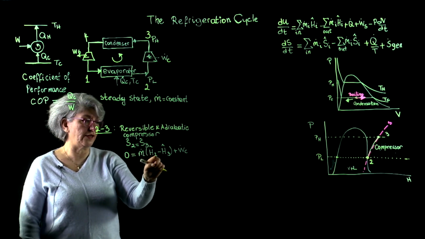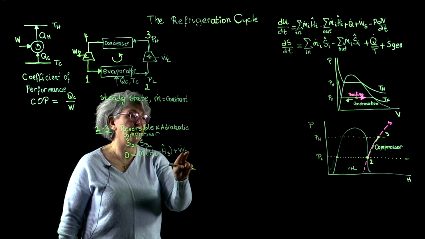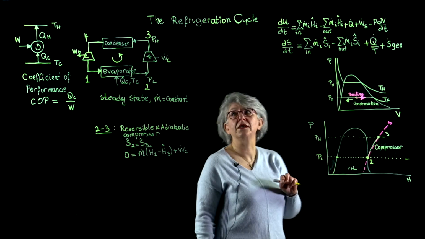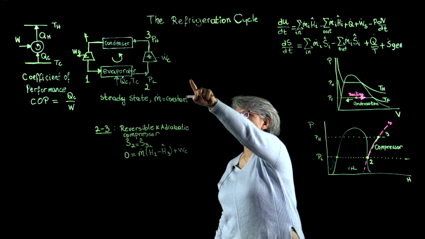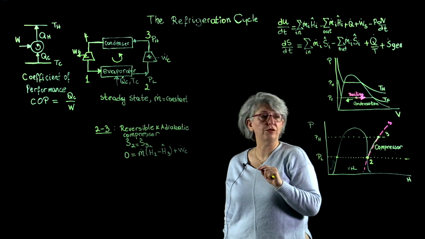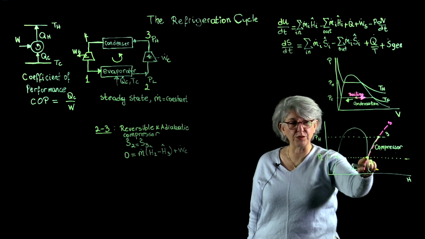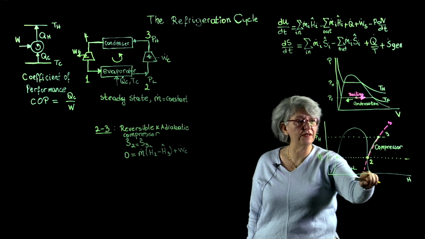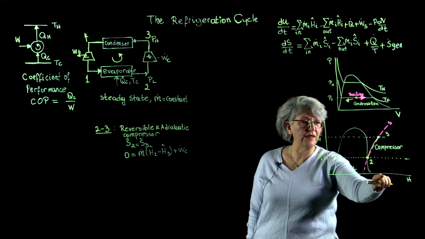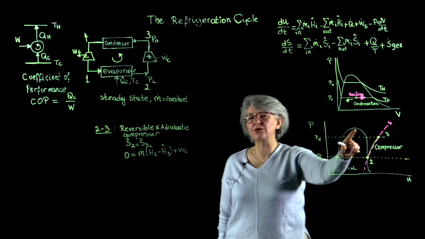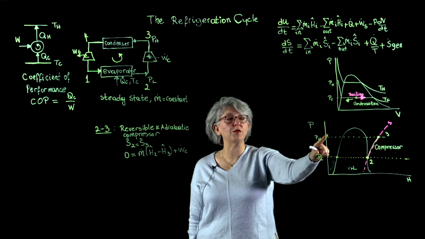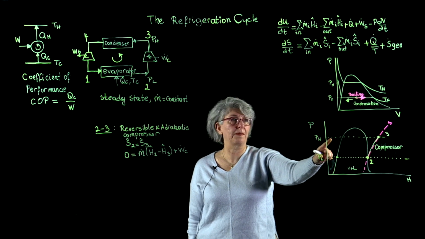Now, if I know H2, if I know H3, I can calculate the shaft work that I need to supply to the compressor. I know H2, right? I can read it. I know H3. I can read it. I can determine the amount of energy that I'm going to supply to the compressor.